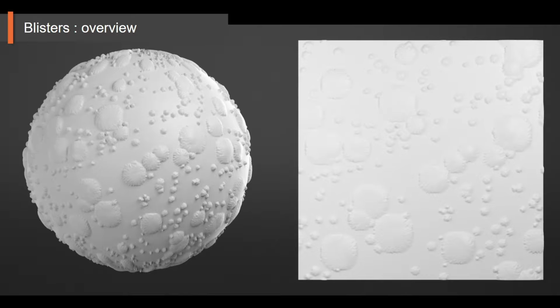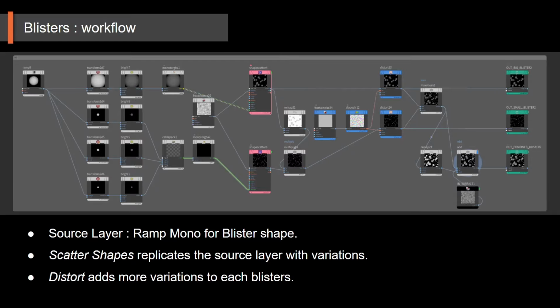And let's go to blisters. So this is the final image. In this workflow, scatter shapes are very important. Scatter shapes can replicate a source layer with some variations like size or rotation or some jitter.